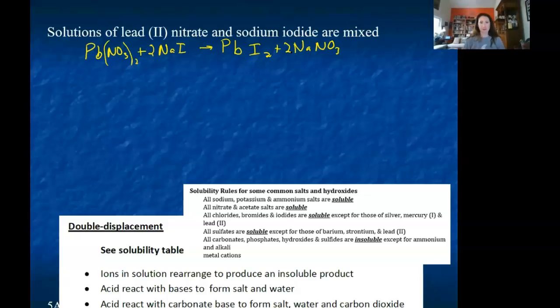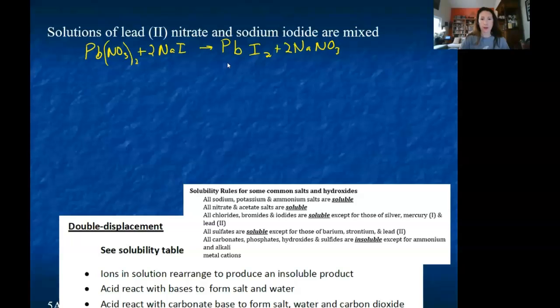Then we have to look: is there a solid? There's a chance there's no solid, right? If you go through all this and there's no solid, your answer is no reaction, nothing happened. You just have a bunch of ions floating around in water with nothing actually occurring, which is totally possible. That does happen.